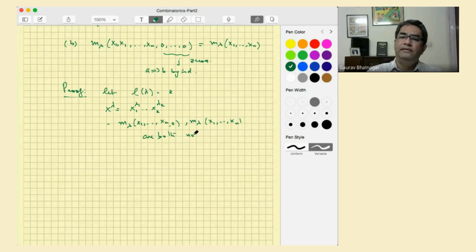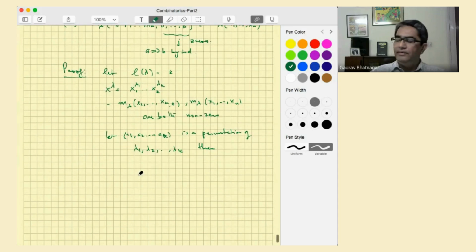If this is a permutation of lambda_1, lambda_2, through lambda_k, then the coefficient, let's call this a, of a in this guy is the same.